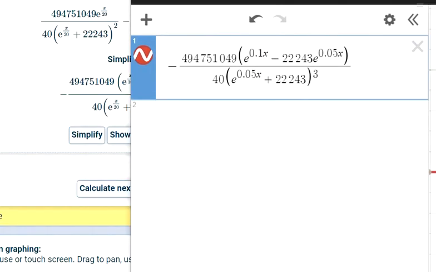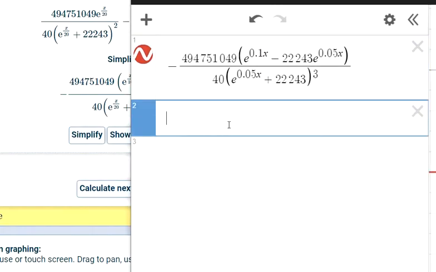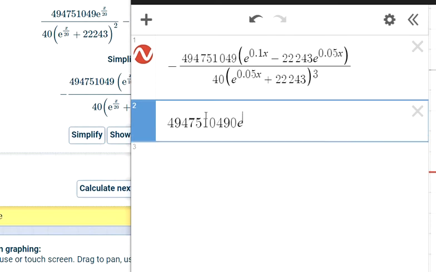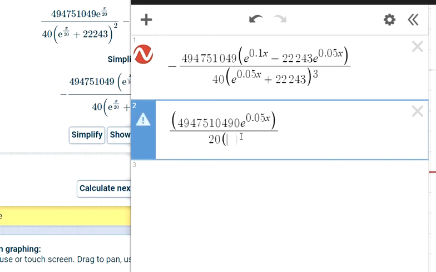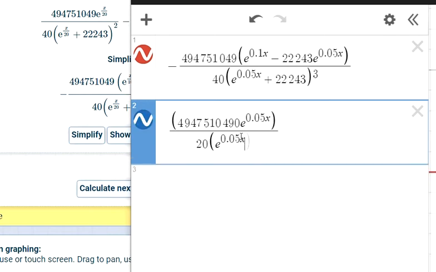If you type in the original infected equation, I of t was, for this person, 4947510,490 e to the 0.05 times x power, all being divided by 20 times e, times parentheses e to the 0.05x plus 222,443, and that's being squared.